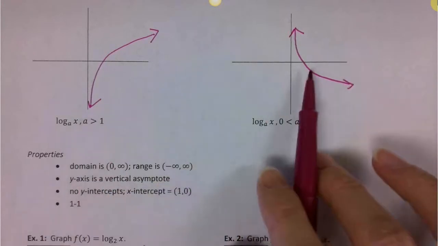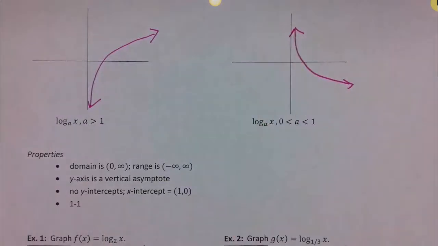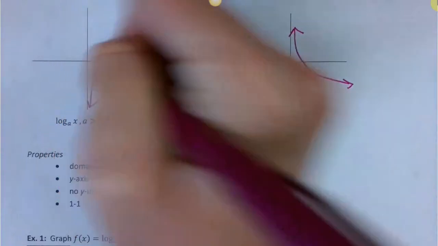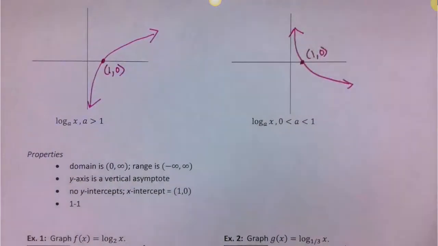And the same way with this other graph over here, as we go up, we're getting closer and closer to the y-axis, but we never touch it or cross it. And because we never touch or cross the y-axis, these functions have no y-intercepts, but they both do have an x-intercept of (1, 0). So this point is at (1, 0), and this point is at (1, 0).